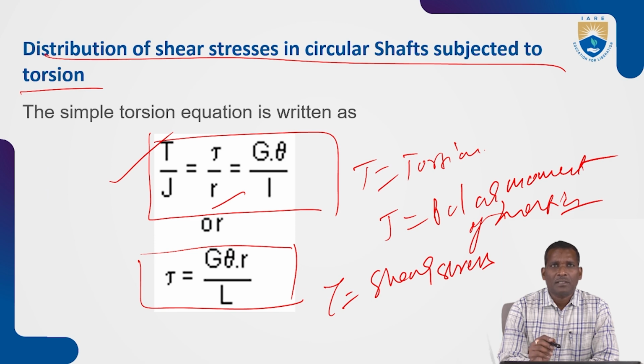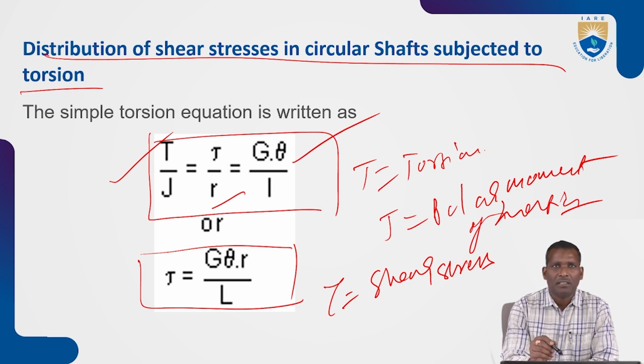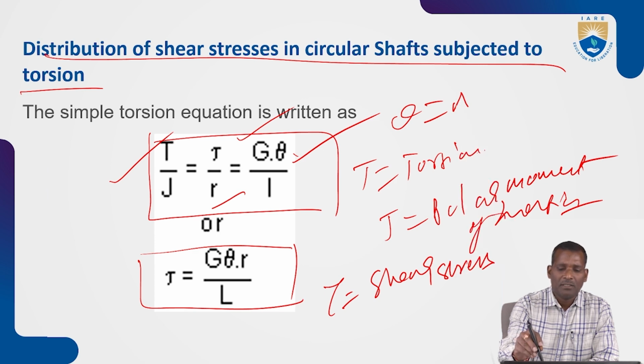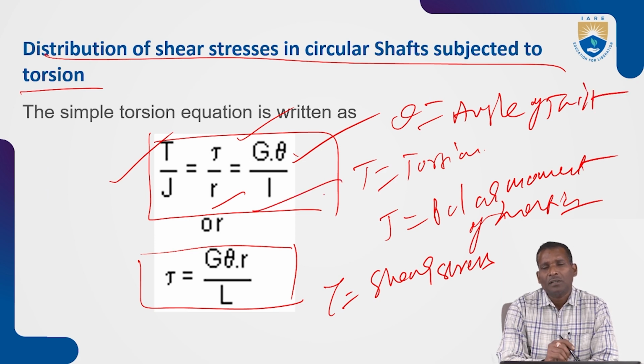We already derived this in the previous session, where we saw what R, tau, G and theta are. Here G is the modulus of rigidity, theta is the angle of twist, and L is the length of the circular shaft.